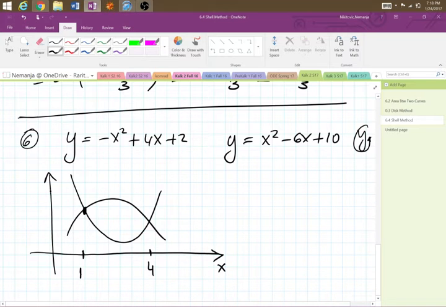We are rotating on the y-axis, and if you look at this picture, there is no way that you can use the disk method. If you want to use disk, you are rotating on y, so you must use dy.